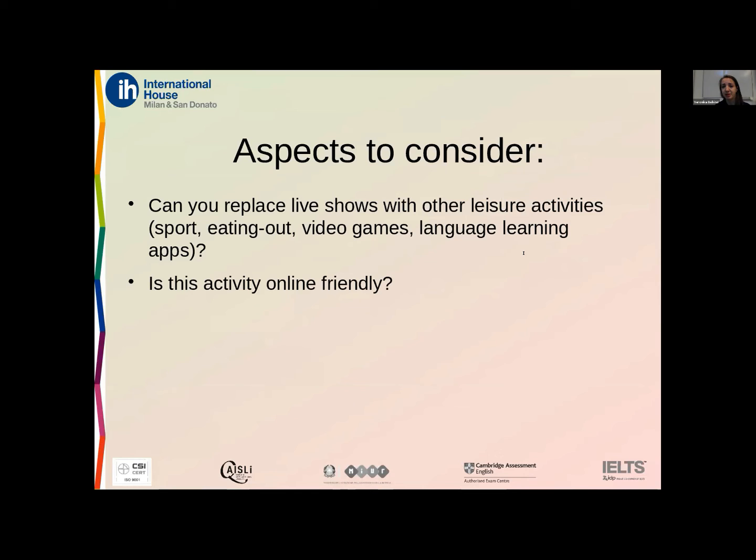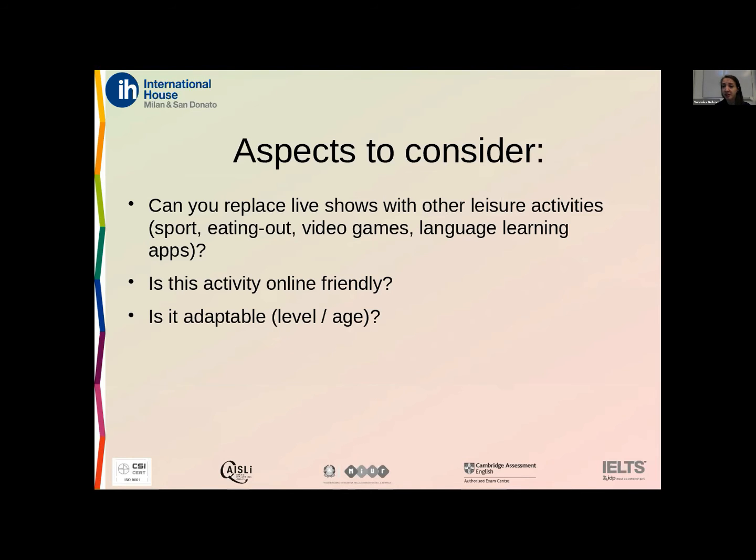Yeah, again, as I said, you can use the share screen option, share your document. Okay. Is it adaptable? Think about the level of your students. Well, perhaps we wouldn't use it with our younger learners, but perhaps we can use it with younger teens, especially for video games.